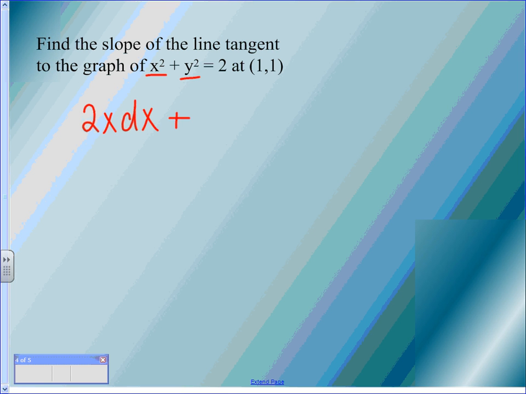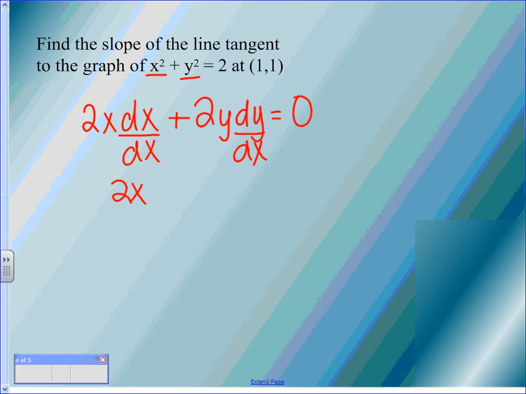What would be the derivative or differential of y squared? Because we took the derivative with respect to y. Does that make sense? What is the derivative of 2? Okay, go with me. Now what do you do? Right?